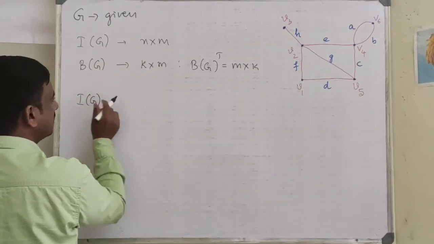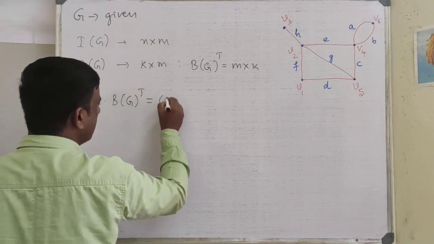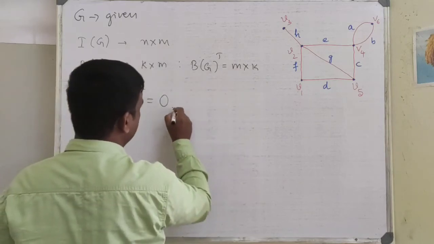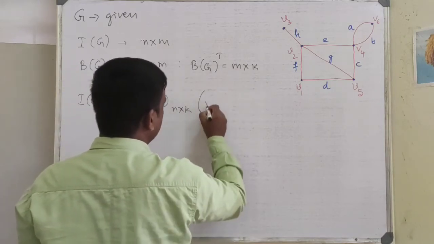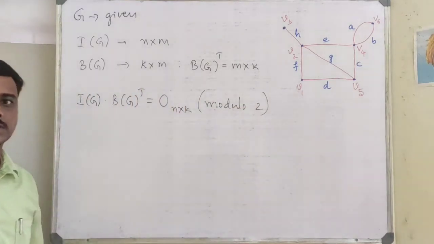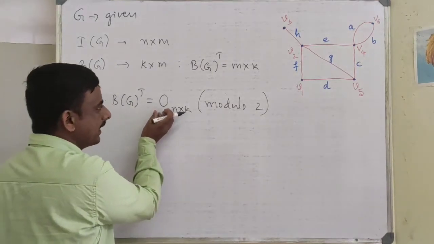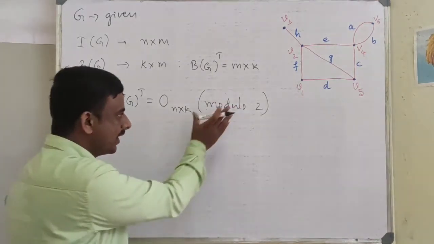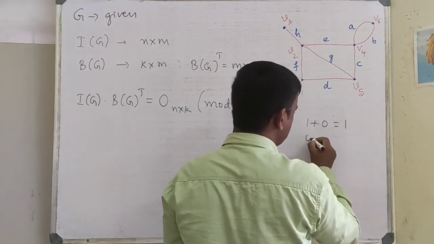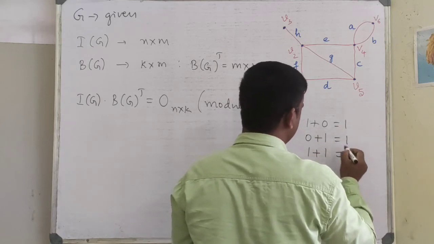Now we take the product of I of G with B of G transpose. That will be a zero matrix. Obviously this will be of order n cross k, and 0 under modulo 2. You don't get exactly a zero matrix. It will be a zero matrix under the operation modulo 2. Modulo 2 means 1 plus 0 will be 1, 0 plus 1 will be again 1, but 1 plus 1 will be 0.